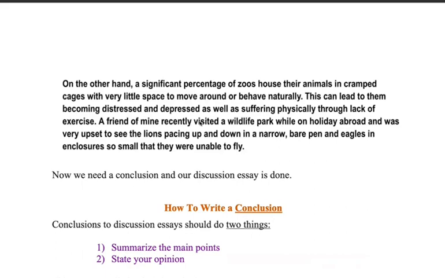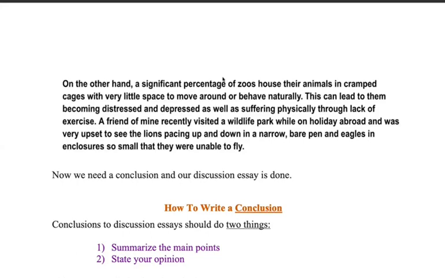And then now it is time to give an example. A friend of mine recently visited a wildlife park while on holiday abroad and was very upset to see the lions pacing up and down in a narrow bear pen and eagles in enclosures so small that they were unable to fly.